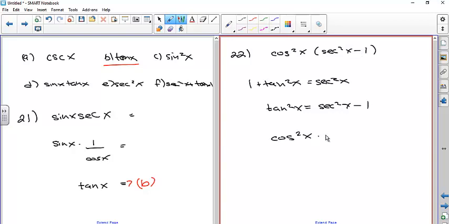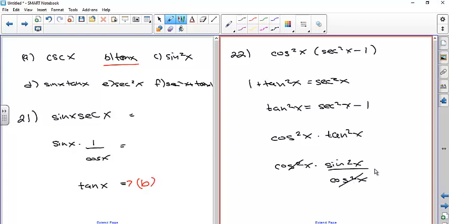So I get cosine squared x times tangent squared x. Now I'm using the Pythagorean identity to substitute. And then I can rewrite the tangent in the quotient identity. Tangent is sine over cosine, so the tangent squared is sine squared over cosine squared.